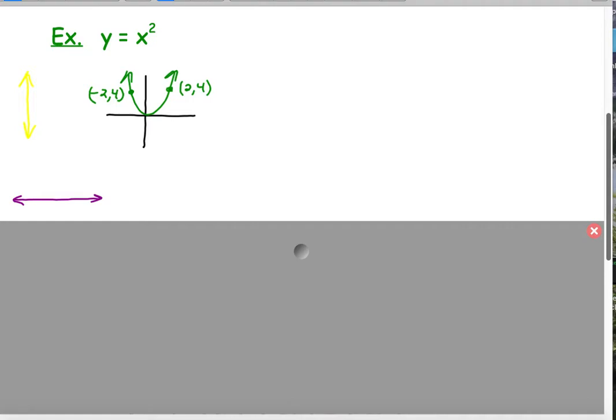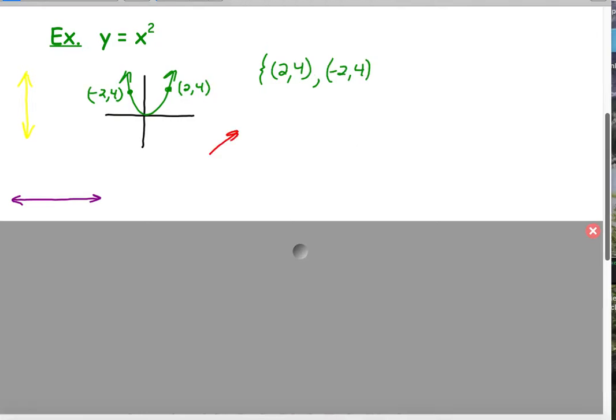If you think of lists of ordered pairs, we're writing a function this way. It's okay if, draw an arrow, it's okay if the second number repeats. It's still a function, as long as the first number doesn't repeat. As long as if 2 goes to 4, later on down the line, 2 can't go to another number like 17. Then it's not a function.